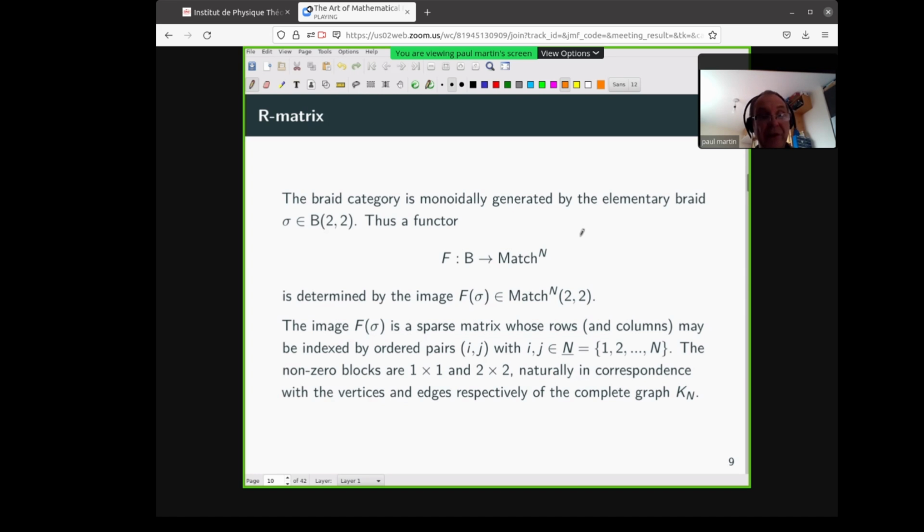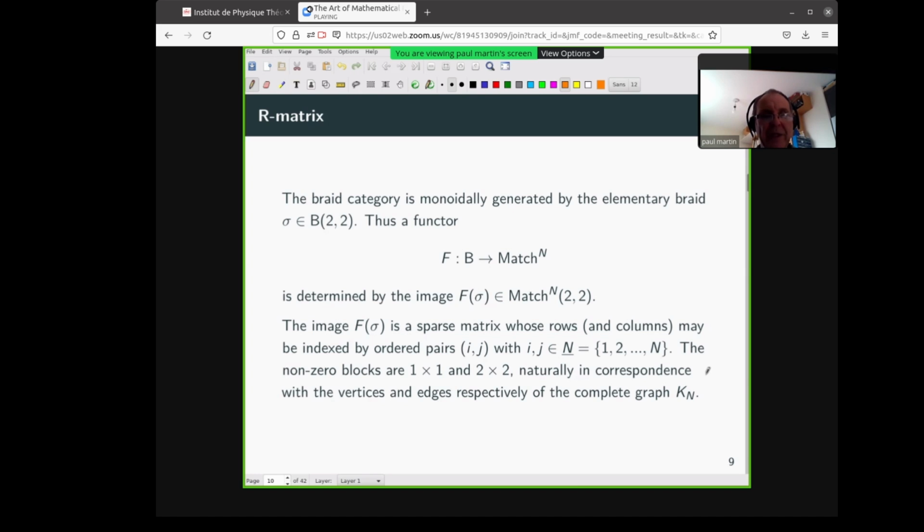So its image will be a sparse matrix whose rows and columns may be indexed by ordered pairs ij, with the i and j taken from 1 up to n, and the charge conserving condition says that the non-zero blocks are the sort of ii block, which is 1 by 1 if you like, and the ijji block, which is 2 by 2.